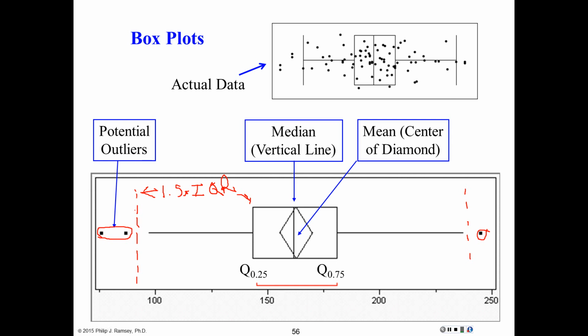So if the 2 whiskers are about the same length, this indicates that it's a symmetric distribution, and typically when that happens you'll also see the median is very close to the middle of the box.